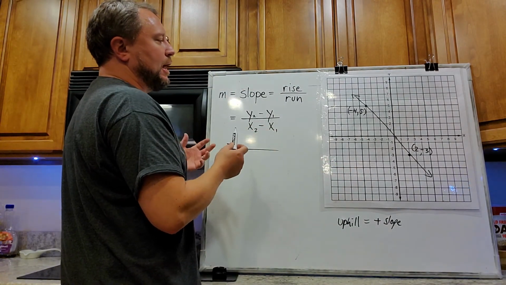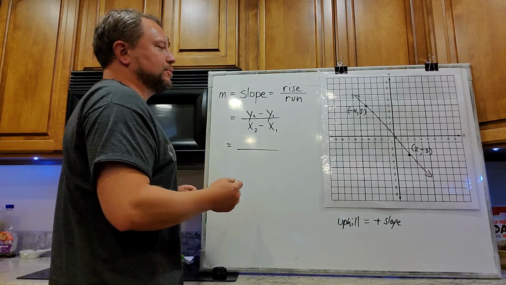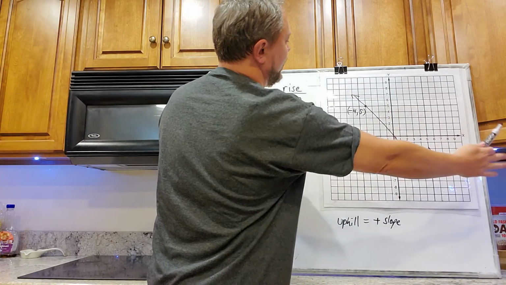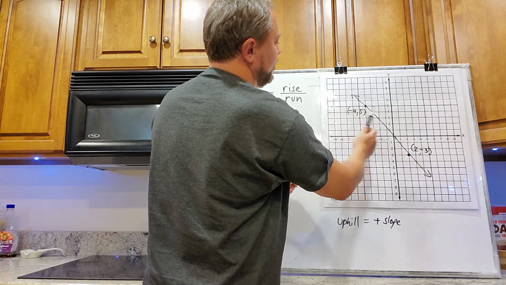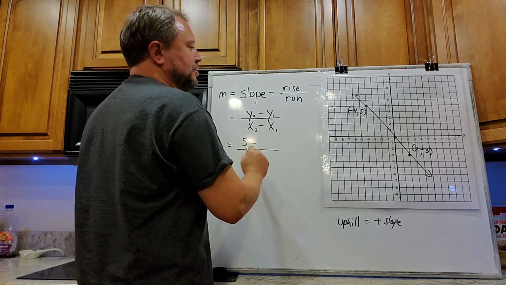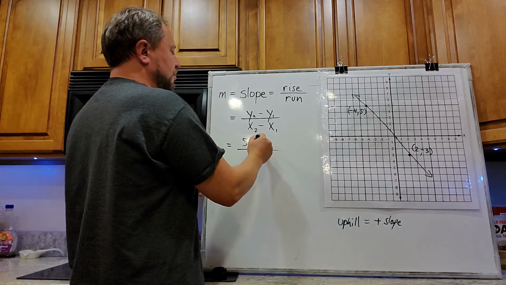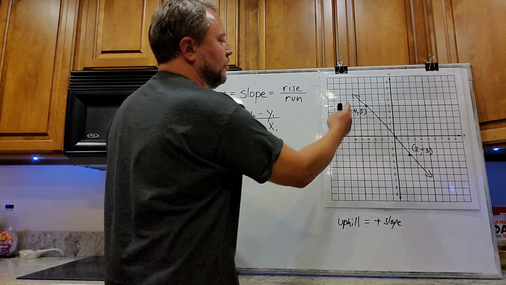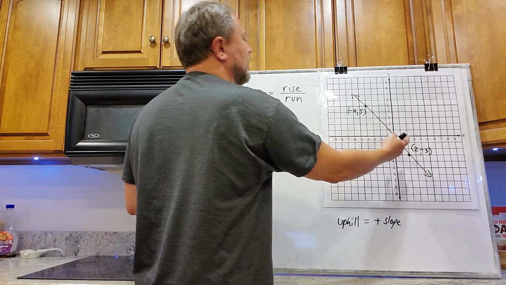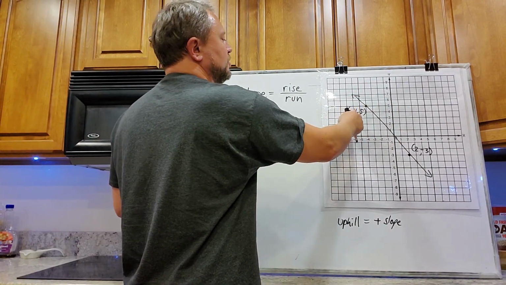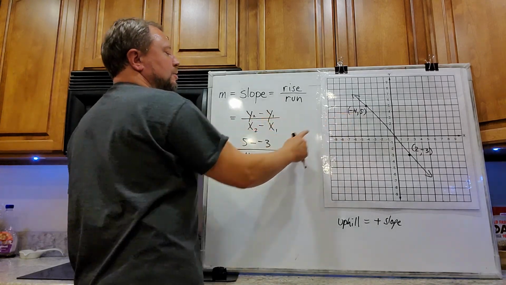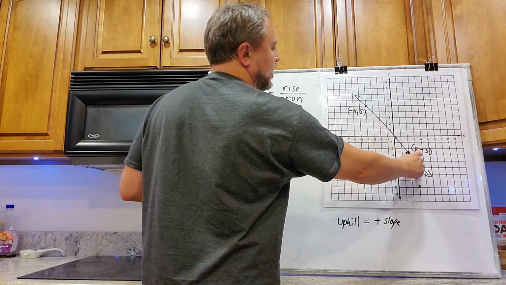So try to get in that habit of putting your y values on top for slope. So I've got a 5 and a -3. If I just go left to right like it's read normally, we could then do 5 minus the -3. Now if I'm going left to right with the y values, 5 minus -3, I've got to do the same with the x values. So -4 would be my first one down here at the bottom, and I would subtract from it the 2.